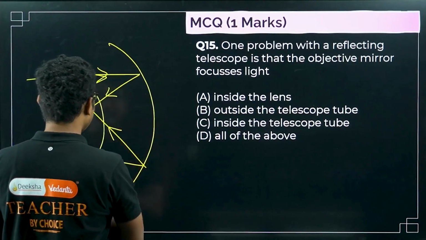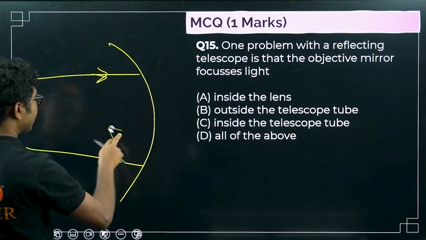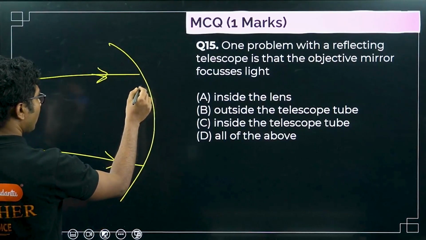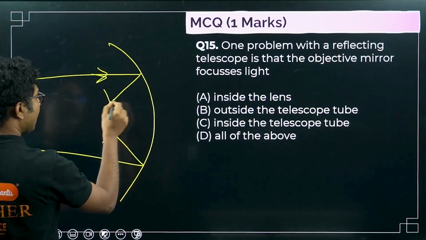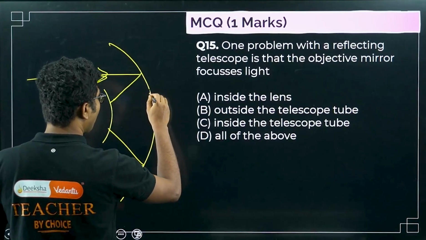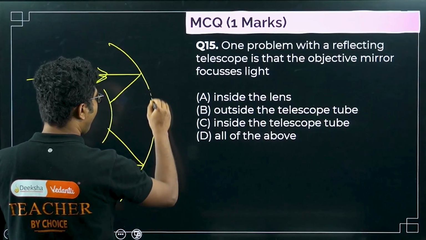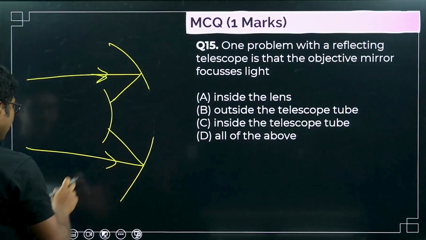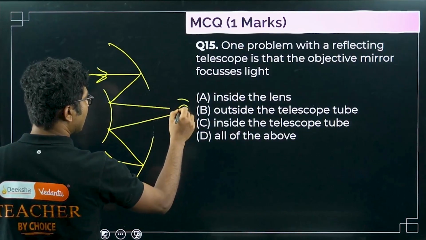There is a Cassegrainian telescope. They use a convex mirror here. After the concave mirror, they use a convex mirror, and here they keep some hole, so that after getting reflected from here, the rays can meet here and you can see the object here.